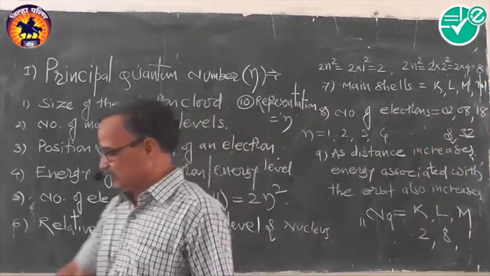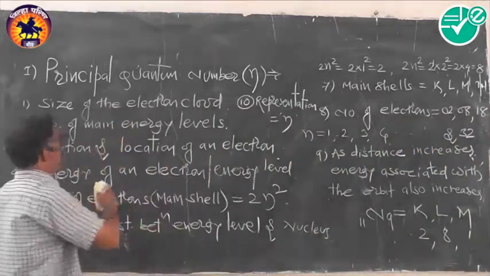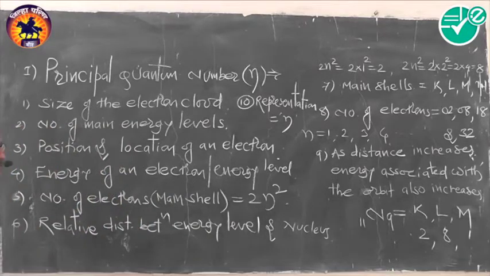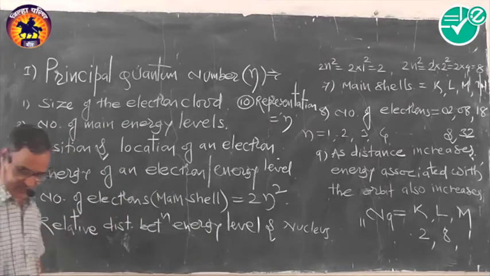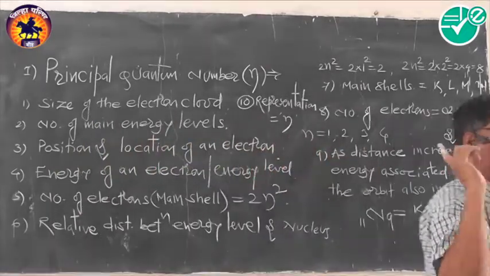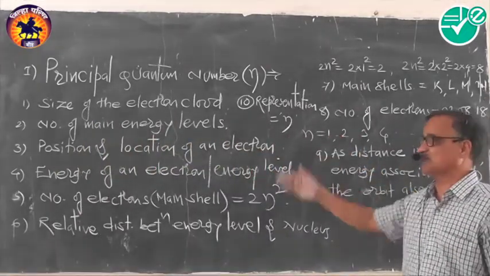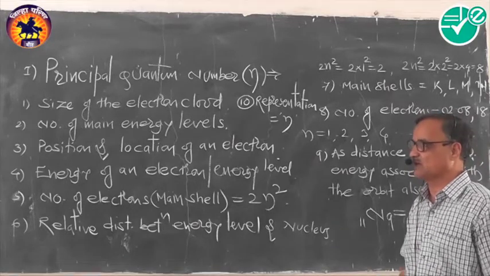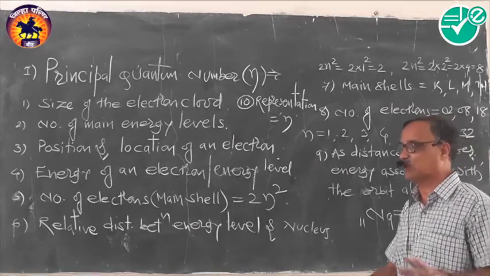Now, the second quantum number defines more exactness about the position of an electron. The principal quantum number gives the position of an electron in the main energy level only.